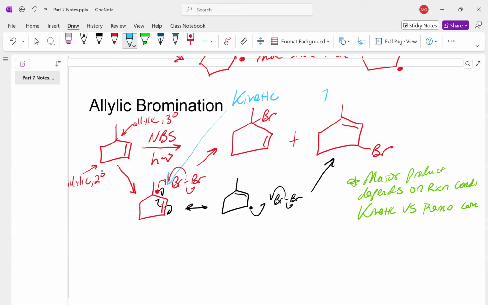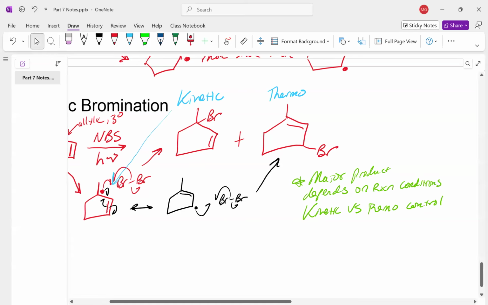The other product here is the thermodynamic product. Now, why is this product more stable? Remember, the thermodynamic product is the product that is more stable, not the intermediate, but the product. So I'm going to kind of jump ahead.